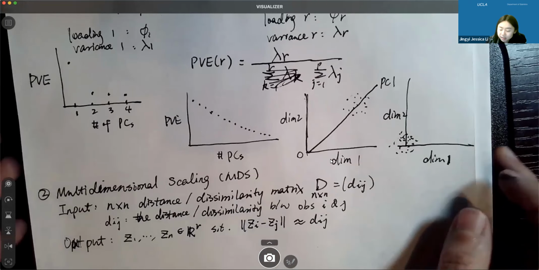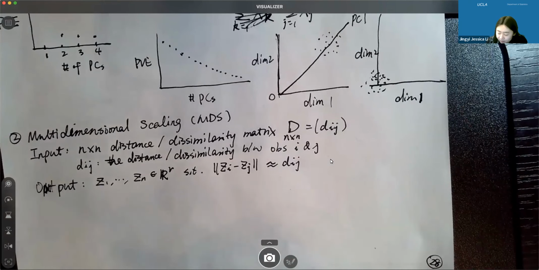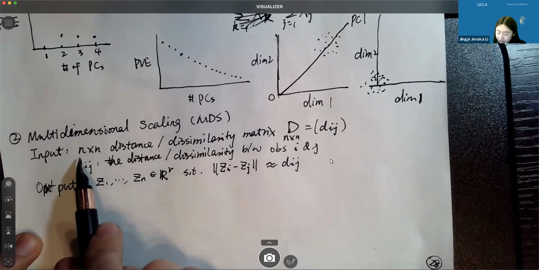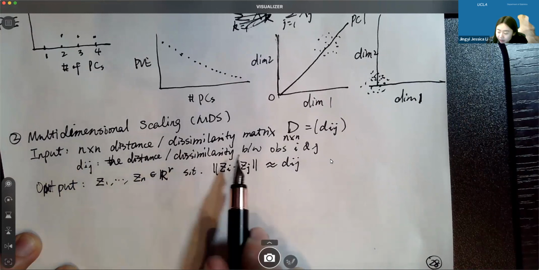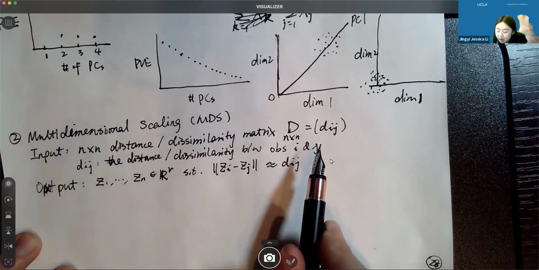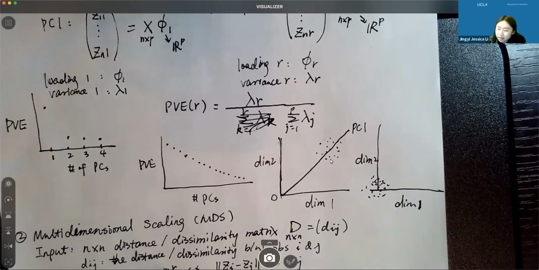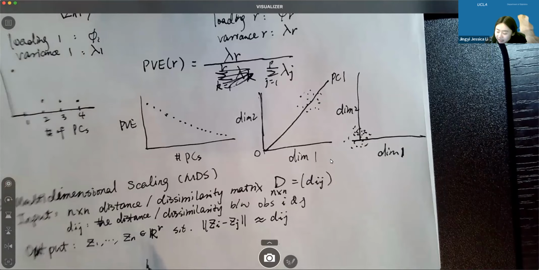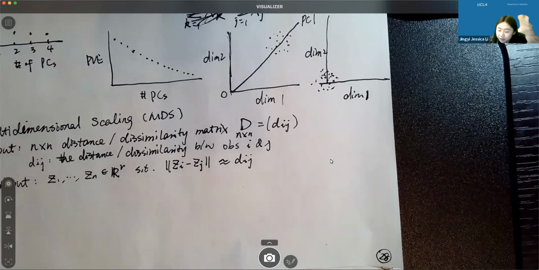Multidimensional scaling has a different input from PCA. The difference is that here the input is an n by n distance or dissimilarity matrix. So you may not have access to the original n by p matrix. You don't have the original p features. You just have some sort of processed data, like for the n observations, how different they are from each other.